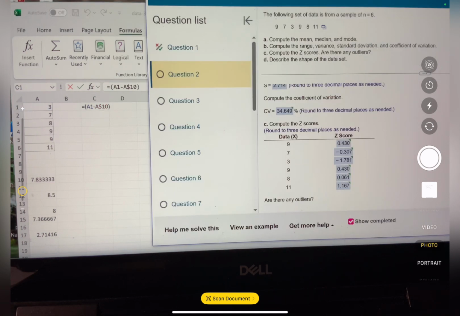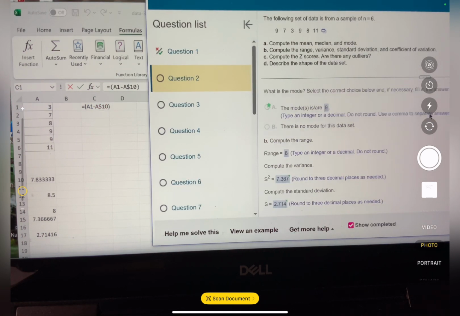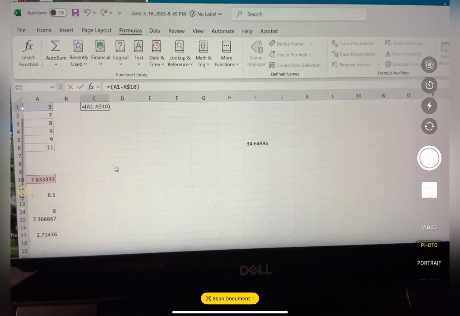What was my standard deviation? 2.714. Here it is. What I just did, I'm coming here. Divide by. Here is my standard deviation. I have to freeze it also, because I don't want the cell to move, because I'm going to use it for every single element. Same standard deviation and same average, same mean. Enter. Now I'm dragging down.